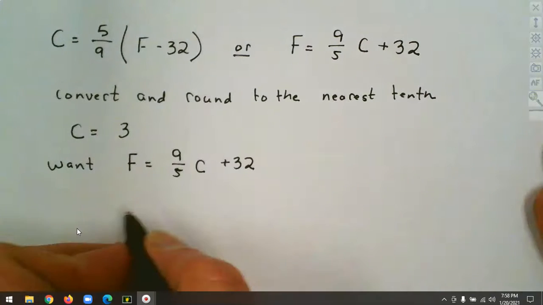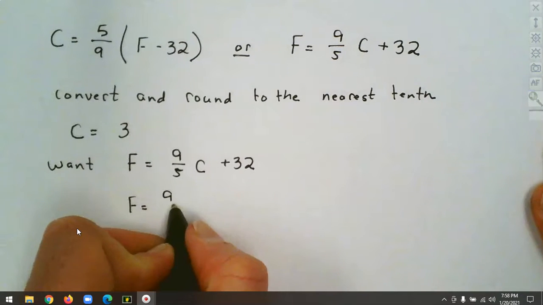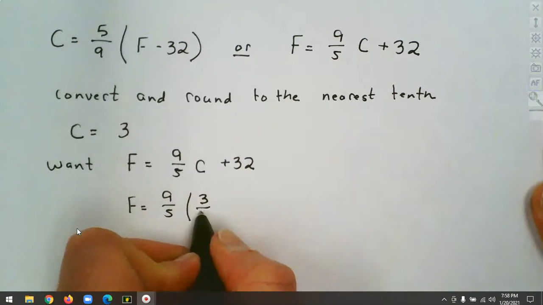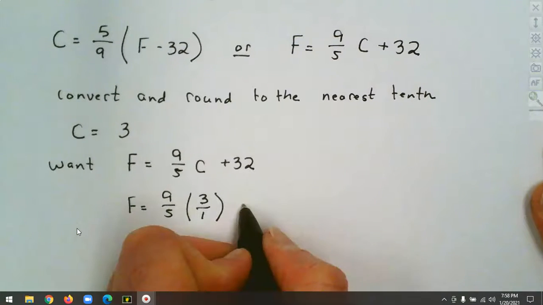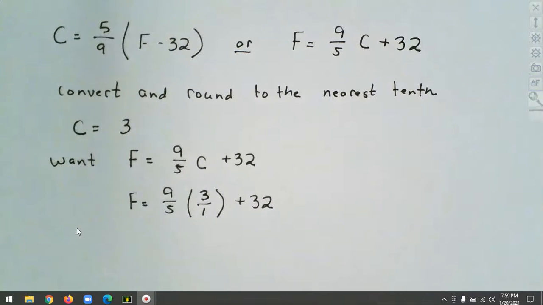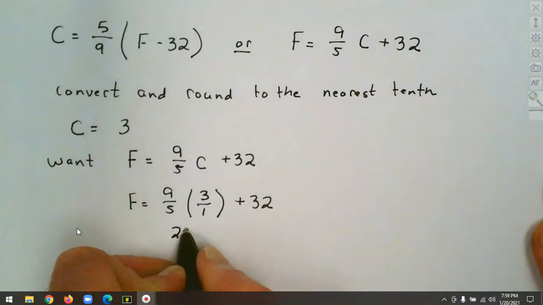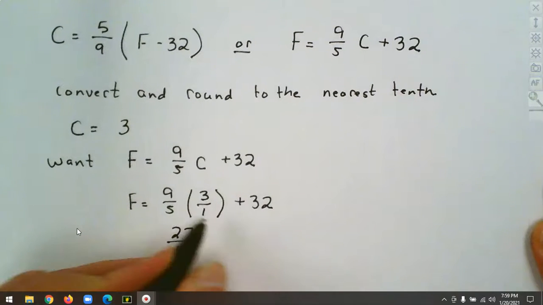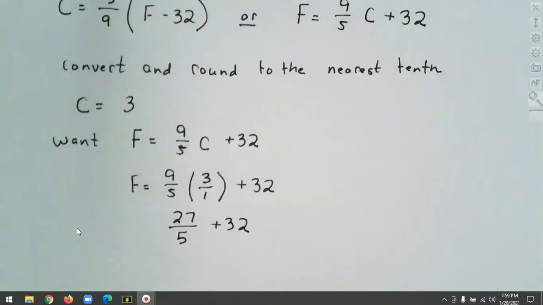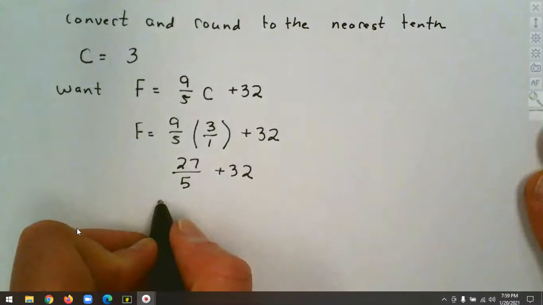So let's plug in our 3. And if you want, you can write that as 3/1. And then we'll have our plus 32. So we've got 9 times 3. 9 times 3 is 27/5 plus 32. Now we are rounding to the nearest tenth, so that's one decimal place.